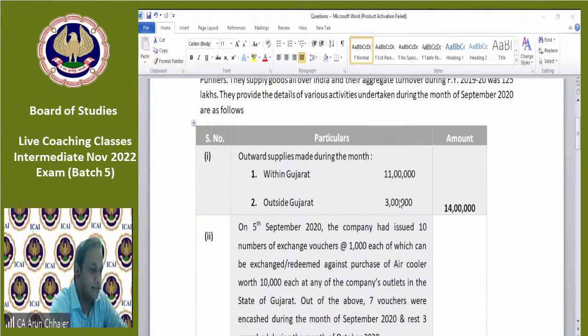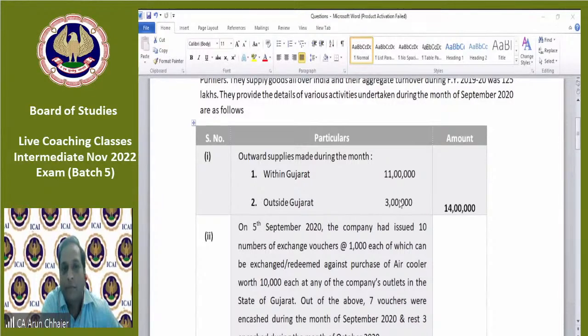The answer is value of supply. Value of supply. Now, can you please tell me the provision related to this? Is it value of supply?